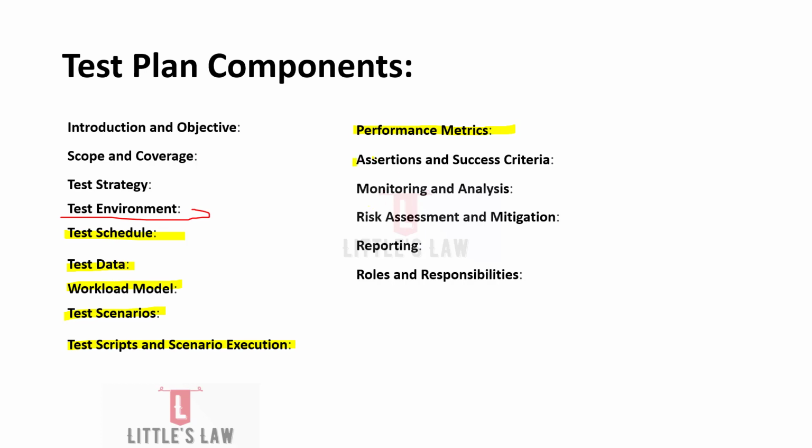And next comes the assertion and success criteria, which is the 11th component. This component outlines the pass or fail criteria for different scenarios based on performance metrics, and this helps to determine when the application is performing as expected.